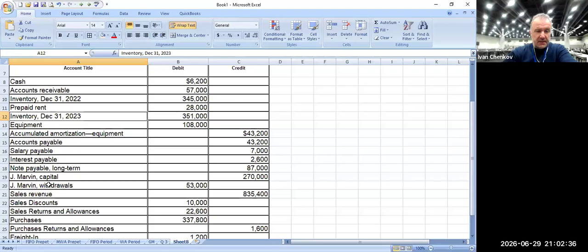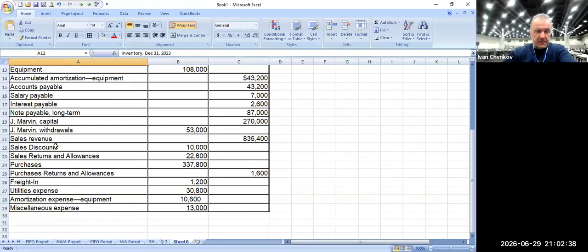Next, we can see this company has sales discount, sales return and allowances, and then they have purchases, purchase return and allowances, freight in. So definitely this company is using the periodic system for the inventory.